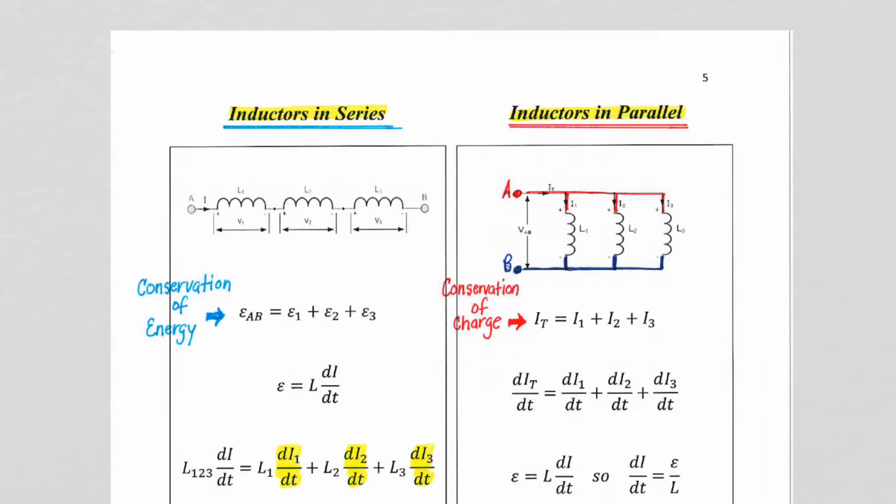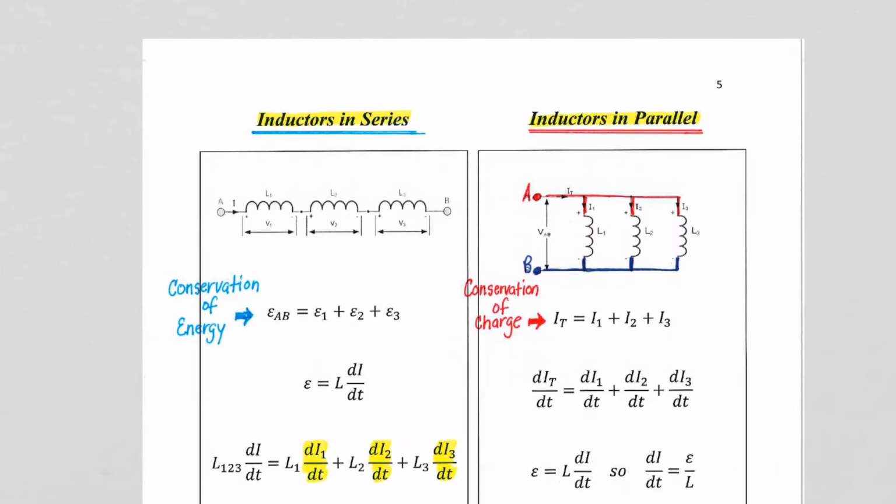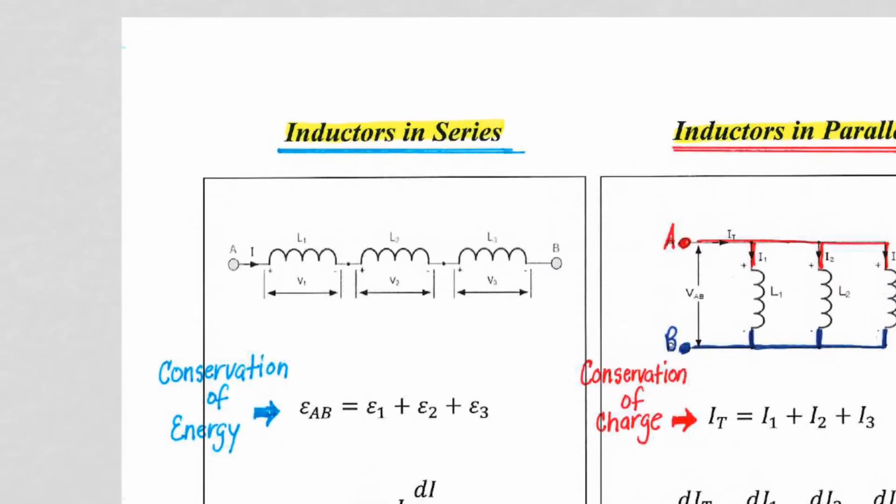Let's recall that for resistors, so let's get a resistor R1 here, and a resistor R2 in parallel.